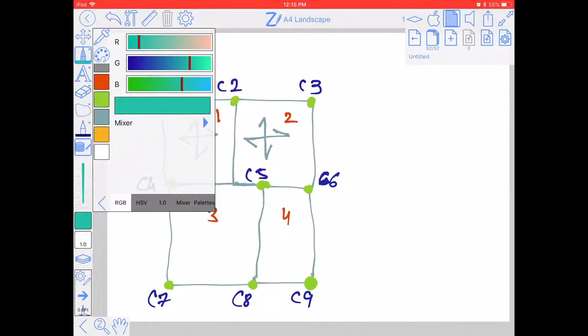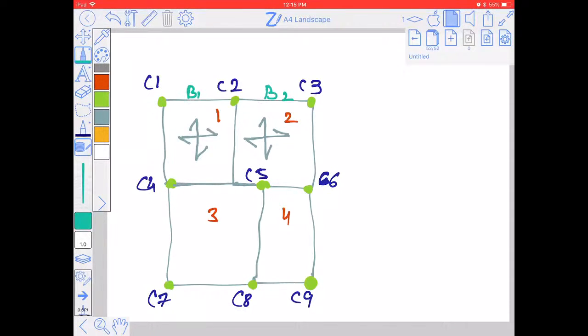Now I'll write the beam locations. It is B1, B2, and first I'll notify the beams B4, B5. In this way we will note the beam locations.